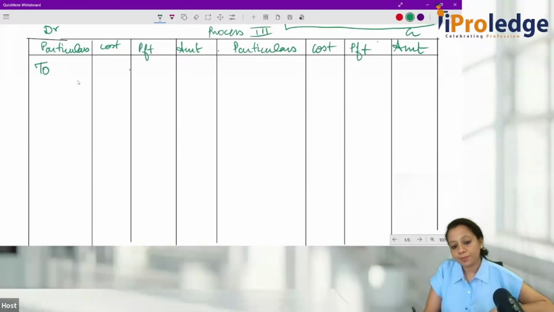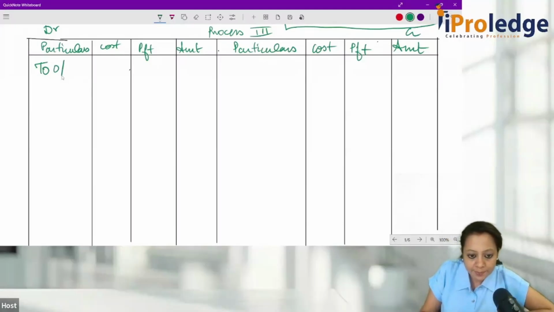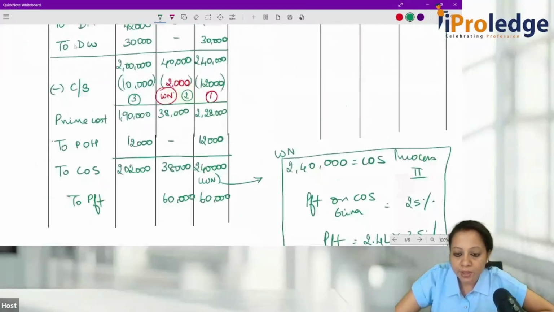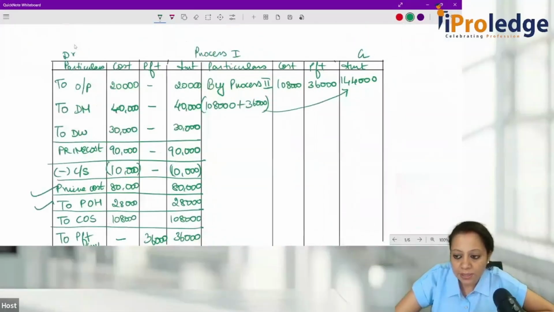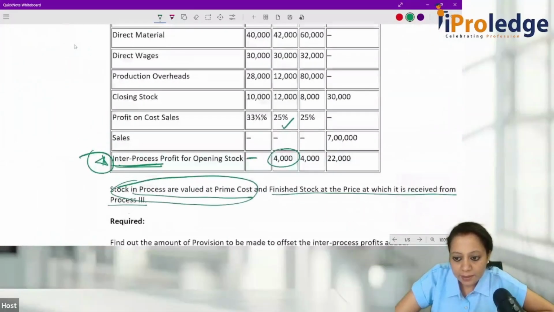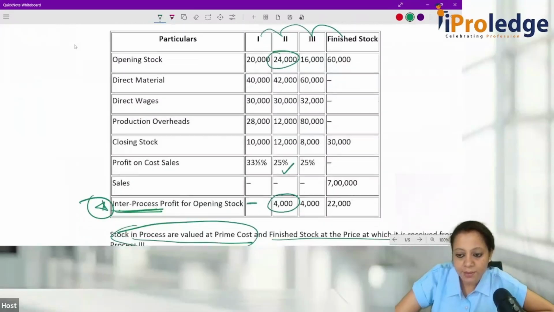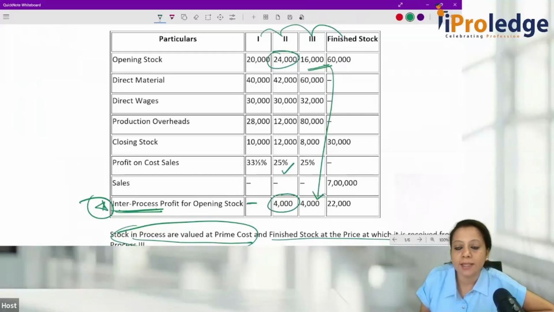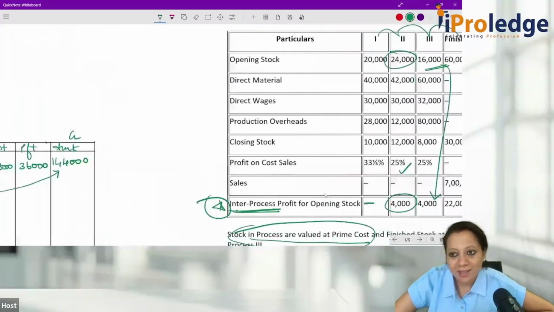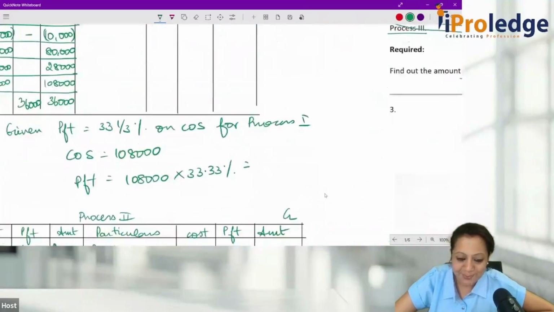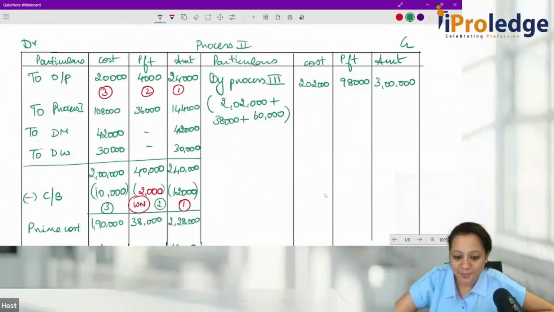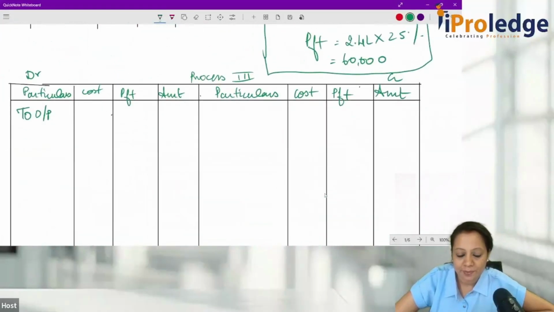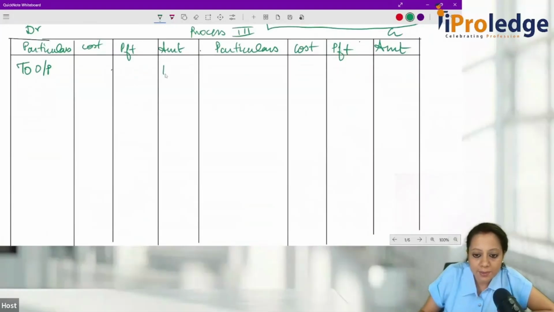Here we have the opening. Again, I'll go to the question and show you, because we are new to these types of questions. 16,000 is the opening stock. In that, the profit that is sitting is 4,000. That means cost is 12,000. So 16,000, 4,000, and 12,000.